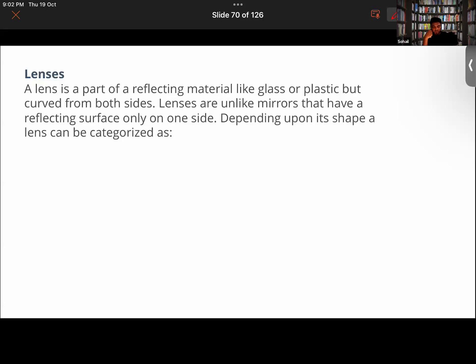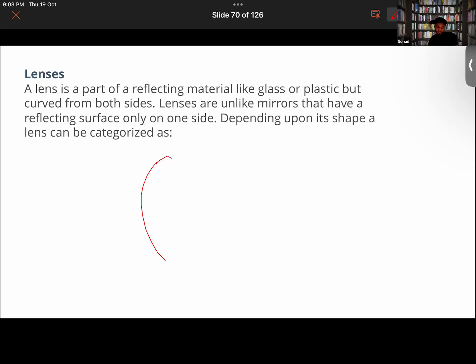It has to be made of a transparent material. That is correct. But the thing about the lens is that in the case of a mirror, the reflecting surface is on just one side, either on the outer side or on the inner side.